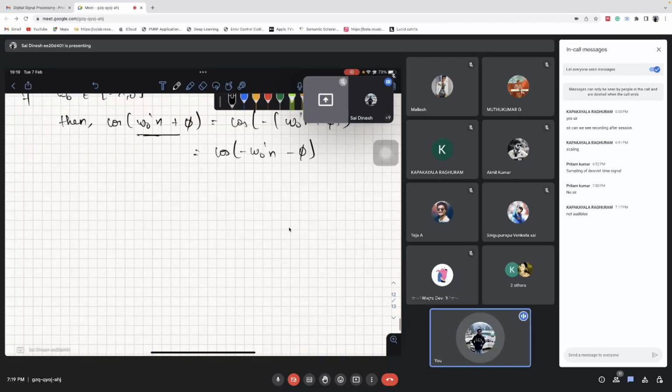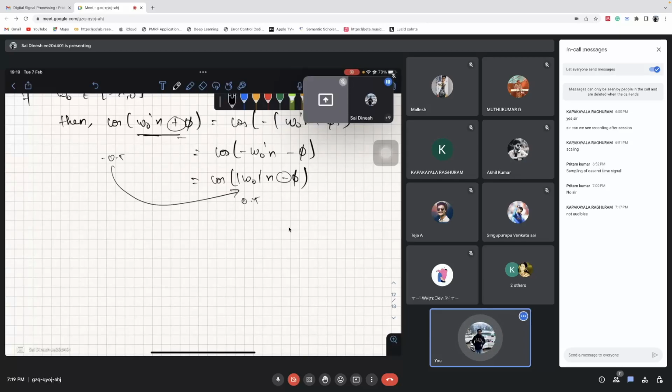Correct. So if you have a minus 0.5 pi, we can get it to 0.5 pi, but there is a change in the phase.